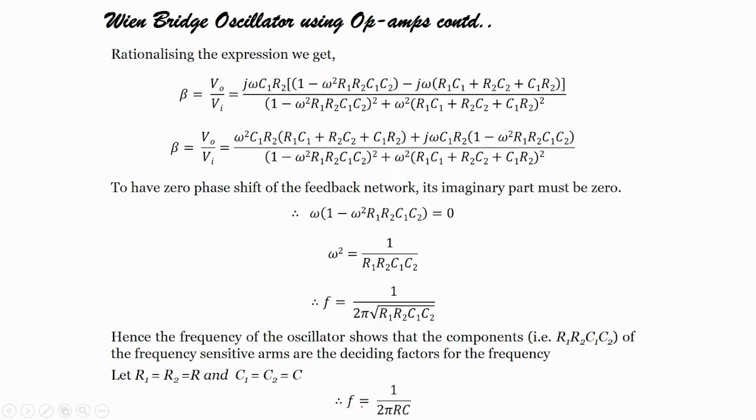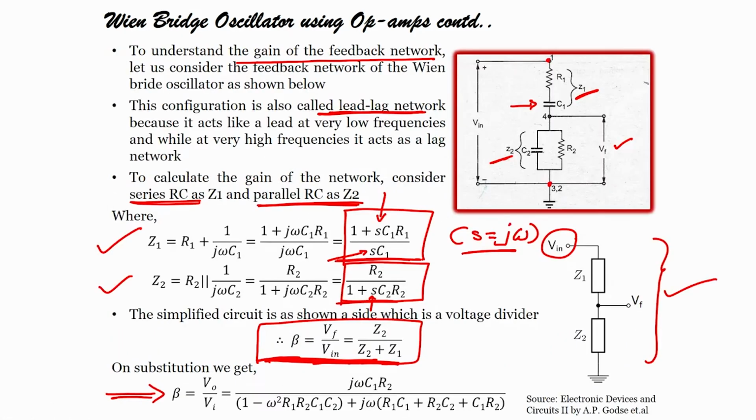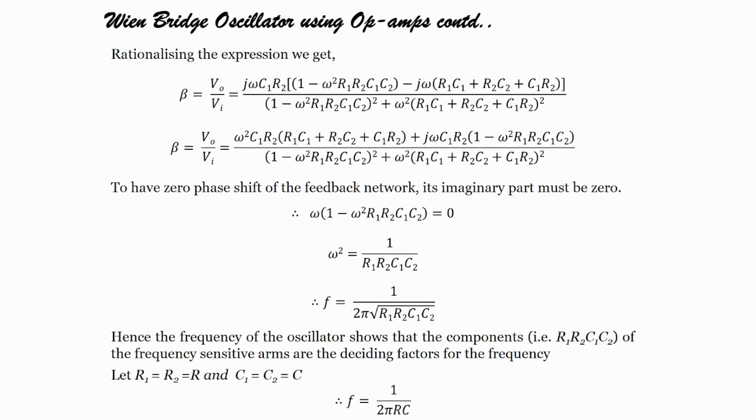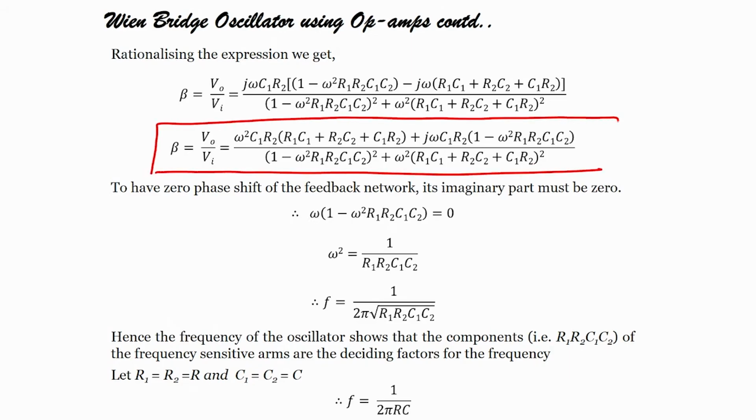I will have this particular equation which is shown here. And then if I rationalize this equation, we can get this particular equation. You solve it, you will get this equation.